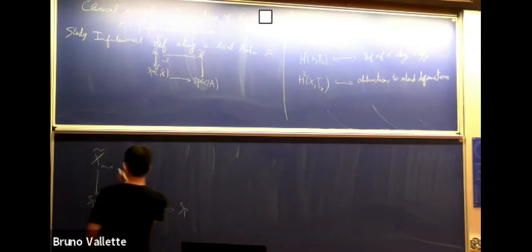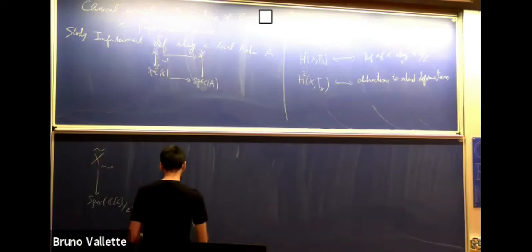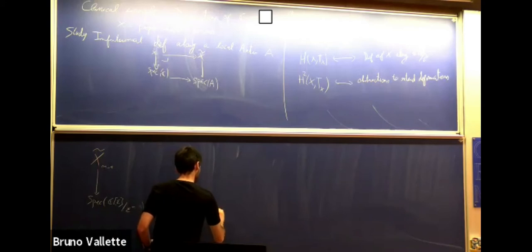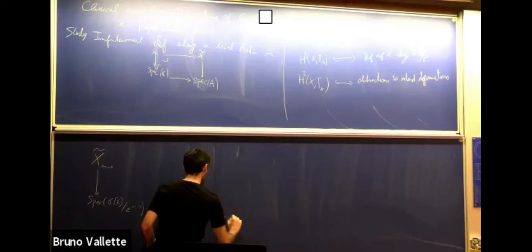Let's say it's a deformation of order n plus 1. Then you map this into Spec of C[epsilon] over epsilon^(n+1).